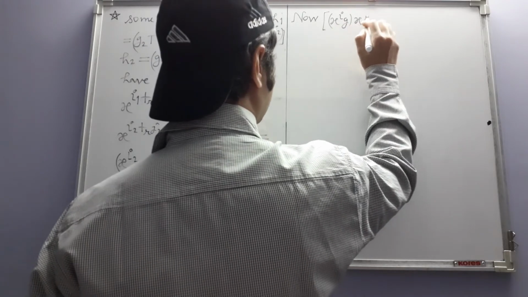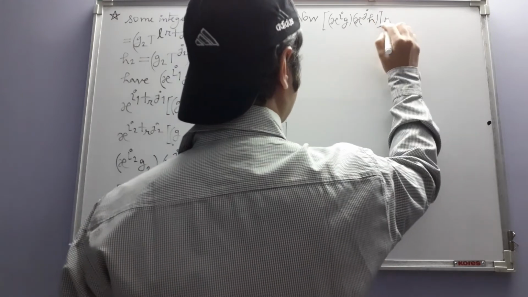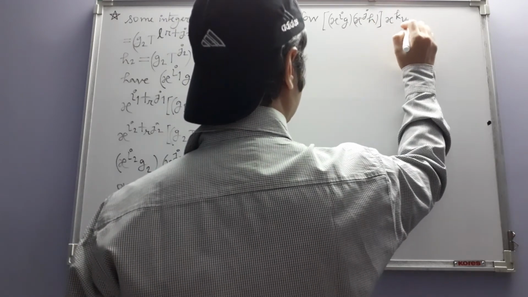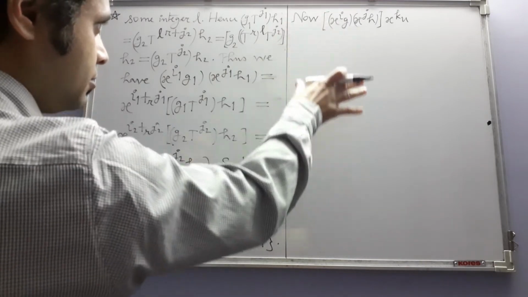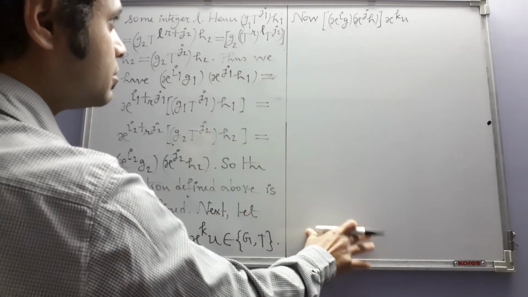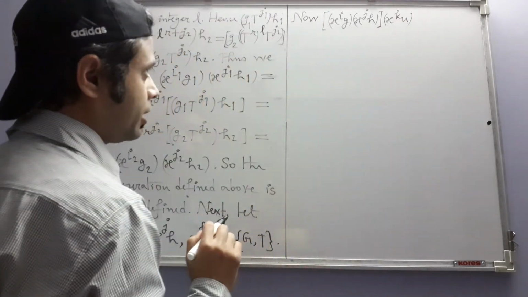x^i g, x^j h, x^k u. Will it be better if I write it like this, like an equation array?